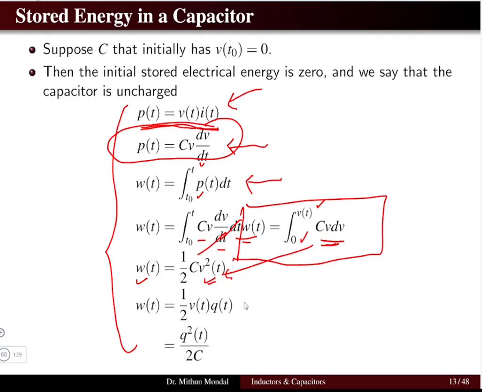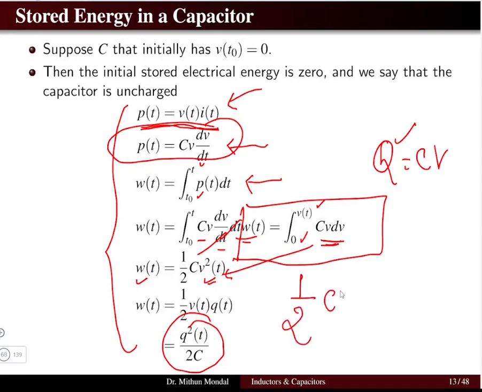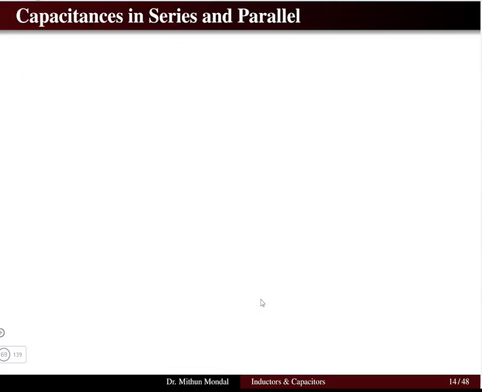Also, if we write from the equation Q is equal to C V and we write in terms of charge, then we get Q square by 2C is also the energy. So the energy equation you have to remember: half C V square is the energy stored in the capacitor, or this is equal to Q square by 2C. So this is the energy stored in the capacitor.